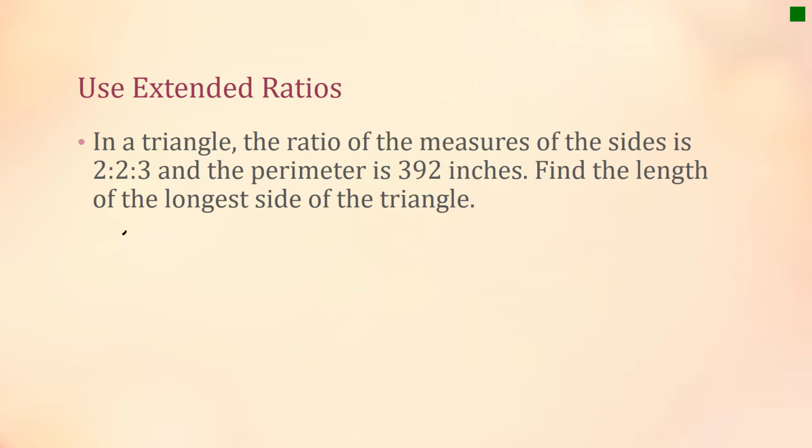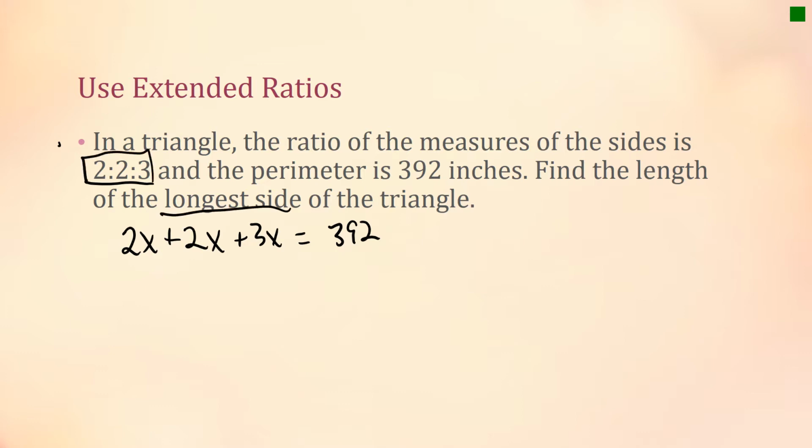So let's do the setup here. I can go 2x plus 2x plus 3x equals 392. Then I want to solve for x, and once I solve for x, I can substitute it back into this ratio and then determine the longest side of the triangle.